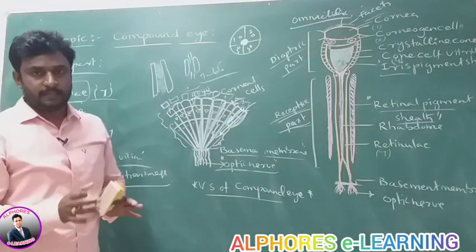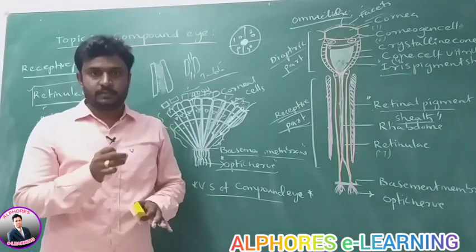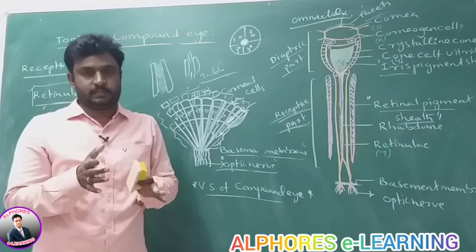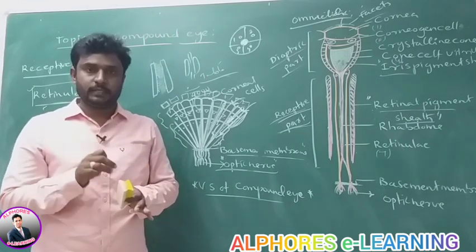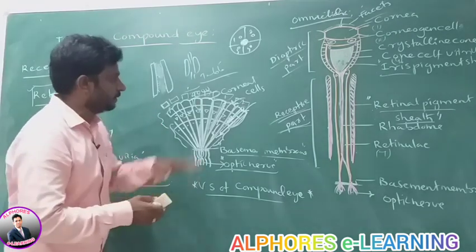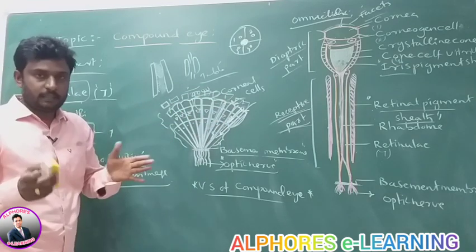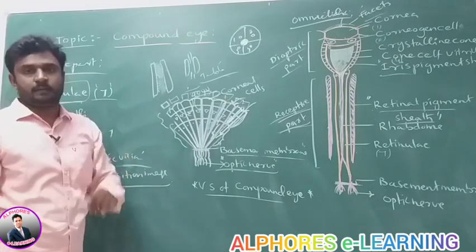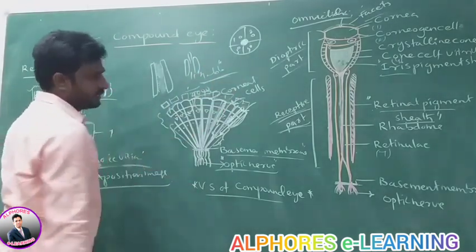The complete image is formed by 2000 small images, 2000 pictures. One object is divided into 2000 units, and all these 2000 pictures are focused on the 2000 ommatidia. All these are fused to form only one complete picture, that may be a table or any object.